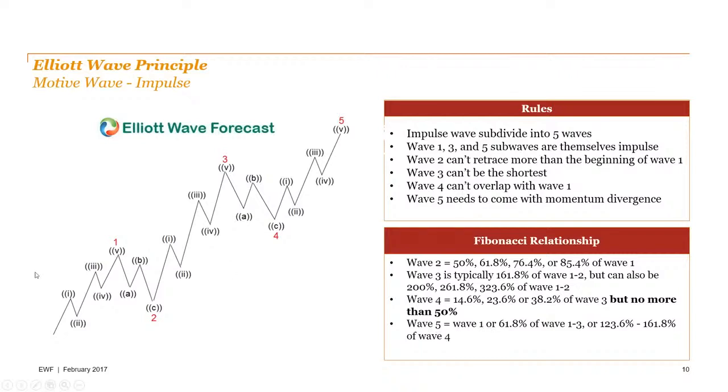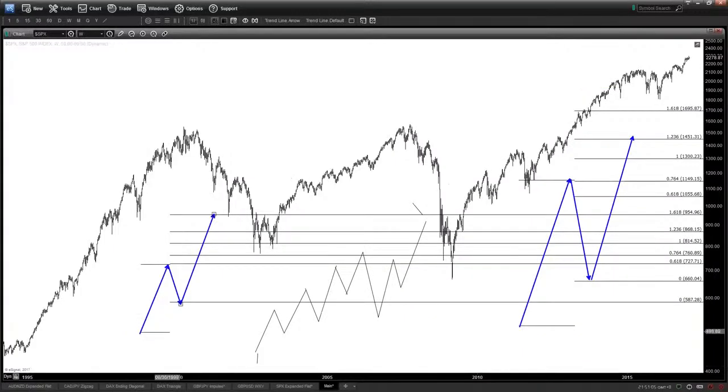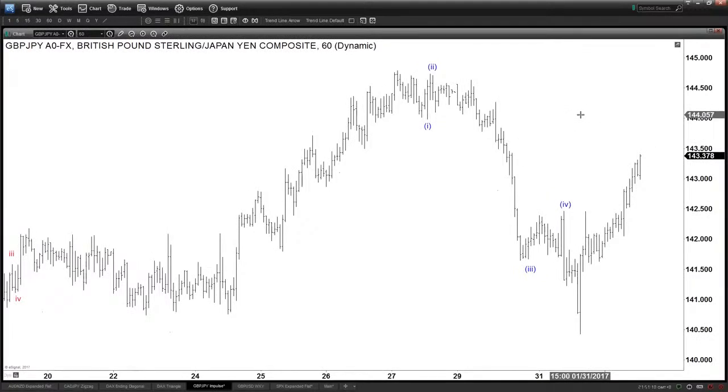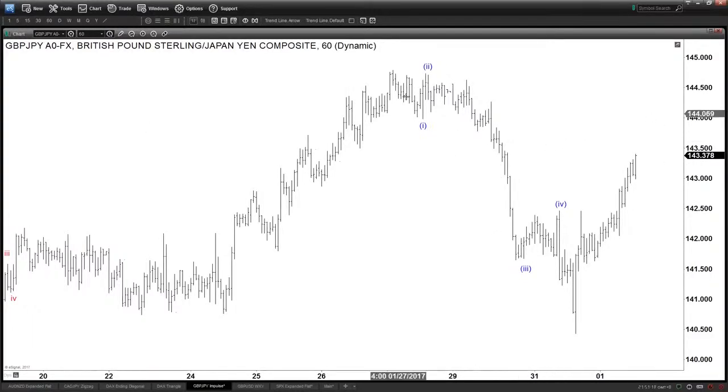Okay? Now let's take a look at an example of an impulse wave. Here's the pound yen 1 hour chart. I erased some of the labels because otherwise you would know the bias. But you notice here, from this peak we have 1, 2, 3, 4, 5.